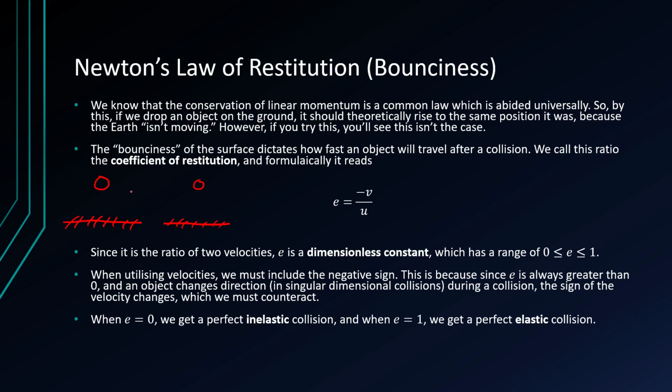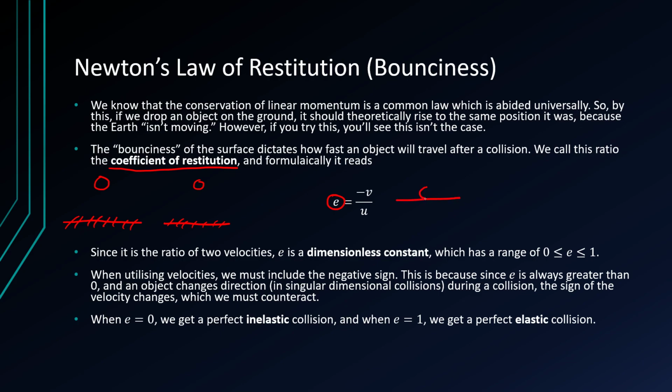So in order to calculate this, we find the bounciness of the surface, the ratio of which is called the coefficient of restitution, which is this E here, which is minus V over U in vector form. Essentially, with a collision, the velocity always changes direction.